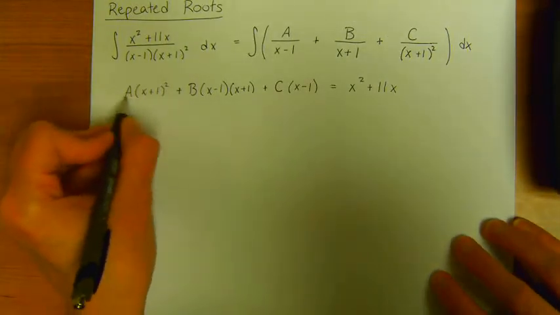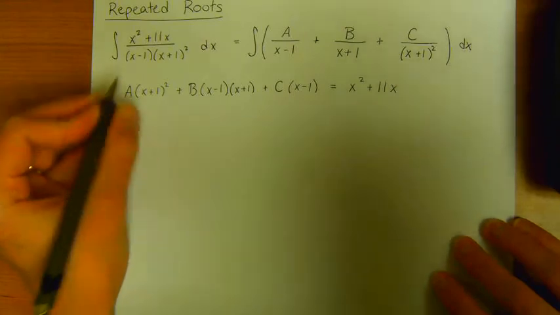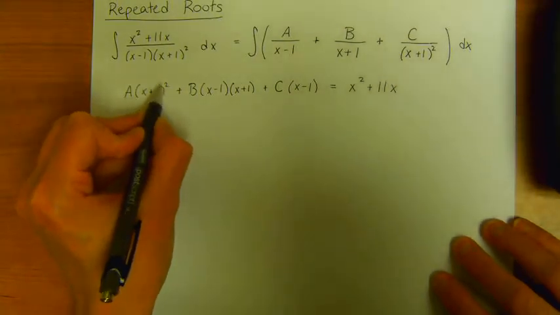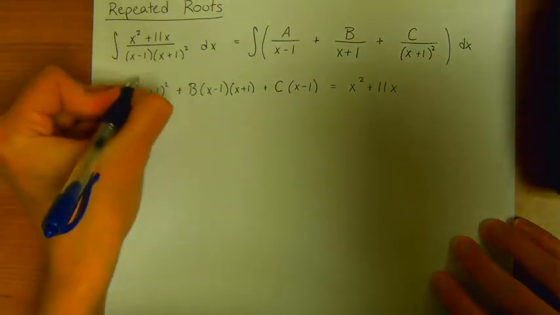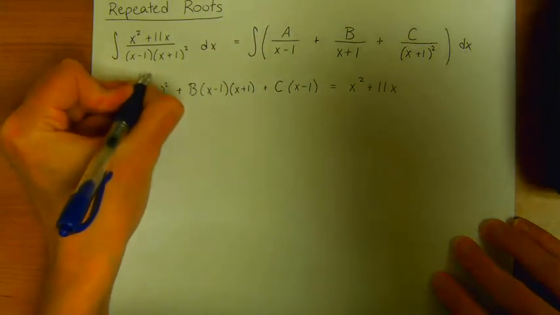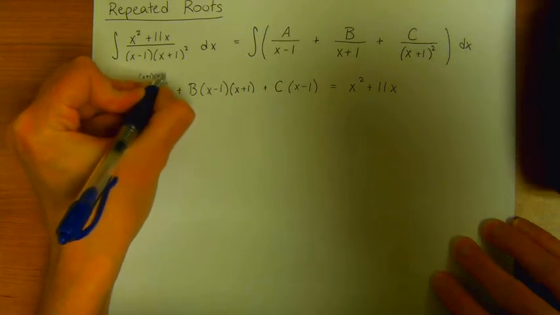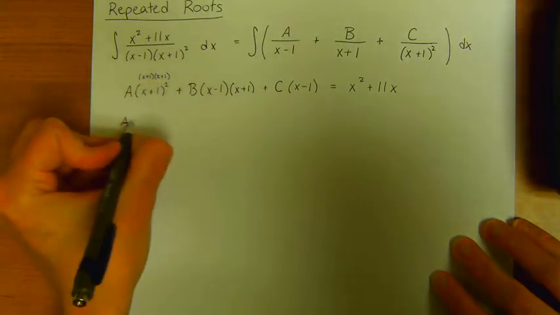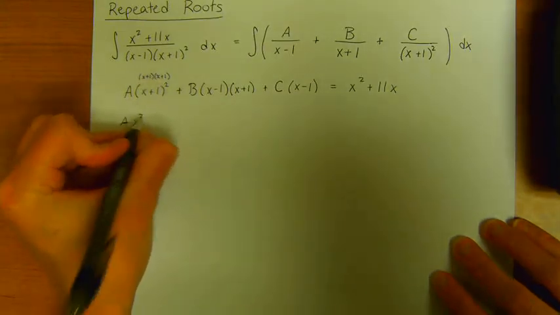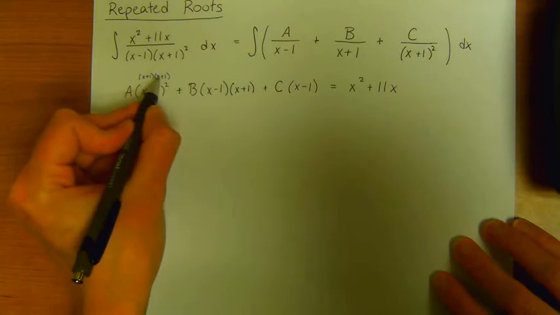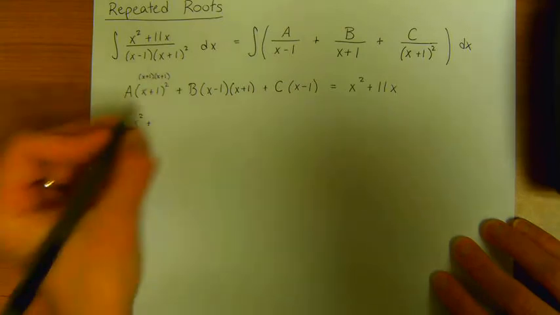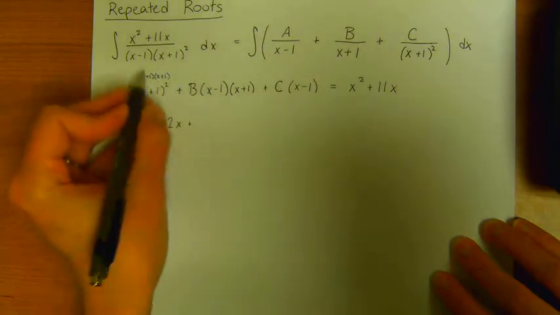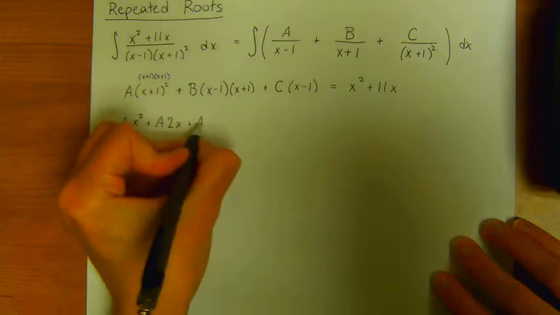So for this first term, notice that x plus 1 squared is not x squared plus 1 squared. I have middle terms, and this is a common error, that's why I bring it up. This is x plus 1 times x plus 1, and I have to use the distributive property. I end up with a times x squared plus, here there's x times 1 plus x times 1, which becomes a times 2x, and then plus 1 times a is a.